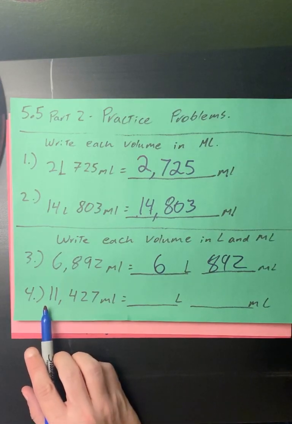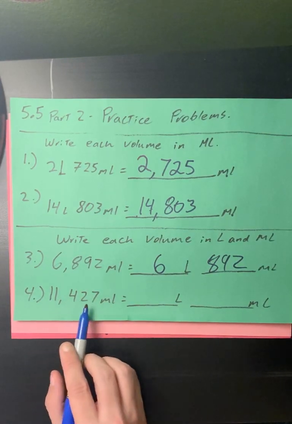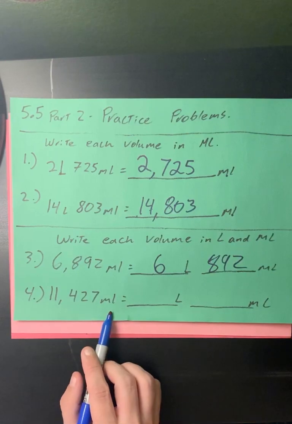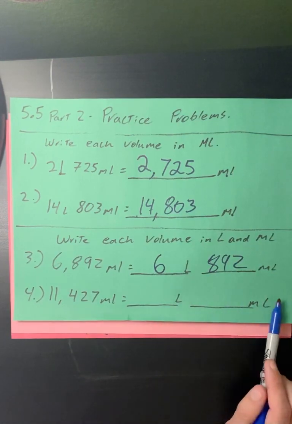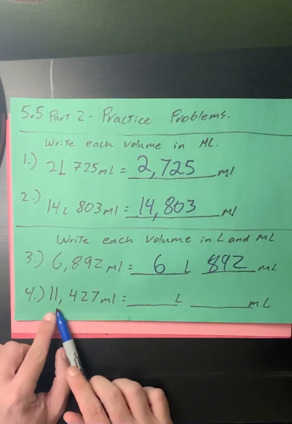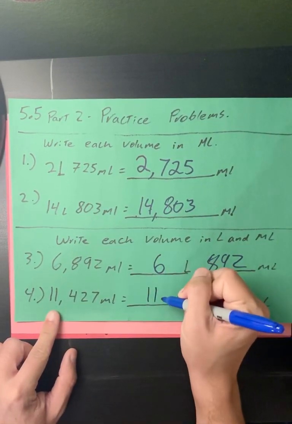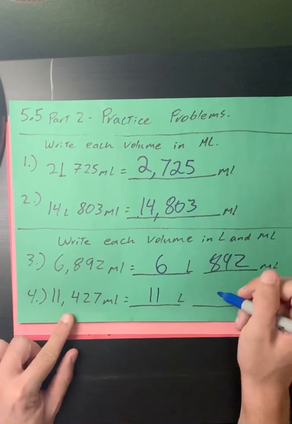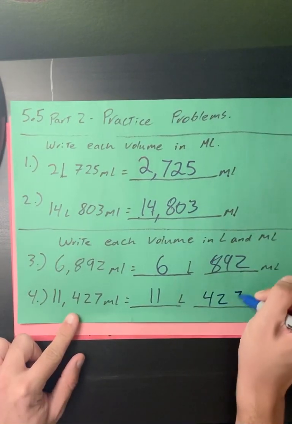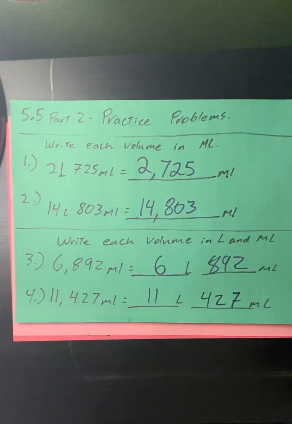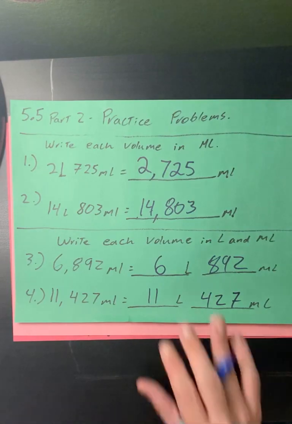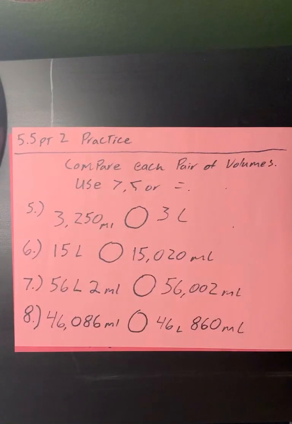For problem number 4, I have 11,427 milliliters. I want to convert that into liters and milliliters, so everything that's above my thousands place, I have 11,000 or 11 liters and 427 milliliters.